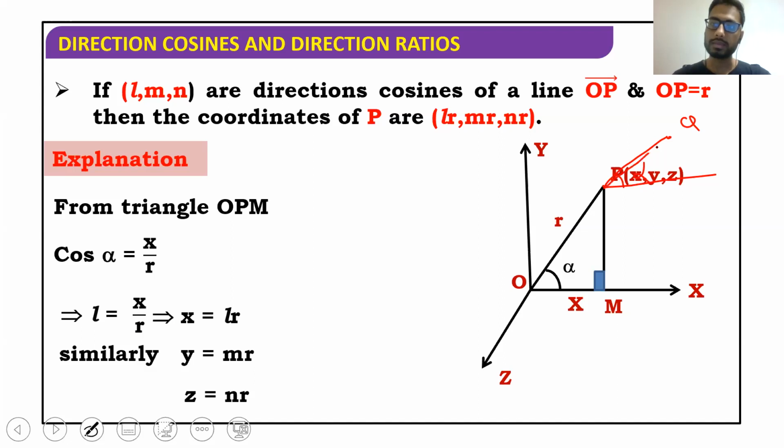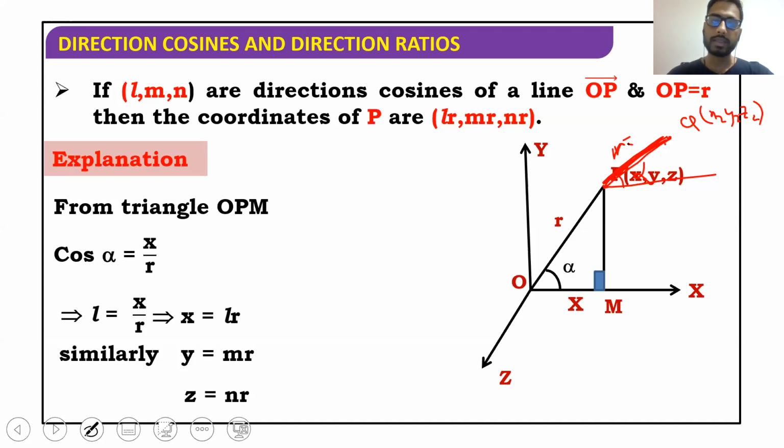Then how can we get this distance? We can get this distance by using the distance formula. Let coordinates of point Q be x2, y2, and z2. Then PQ is nothing but the distance between points P and Q. Let this distance be denoted by small letter r, which is equal to, using the distance formula, under root of x2 minus x1 square plus y2 minus y1 square plus z2 minus z1 square.